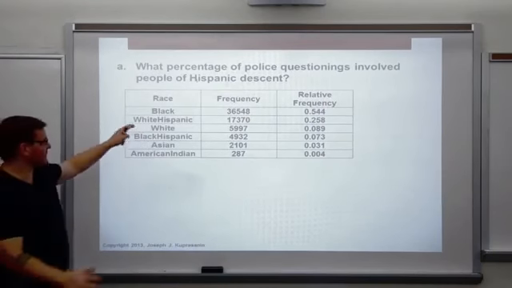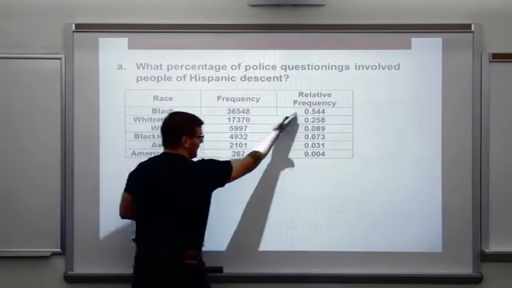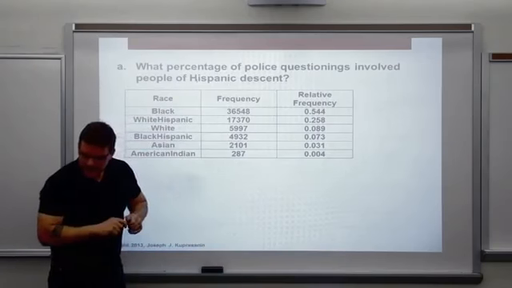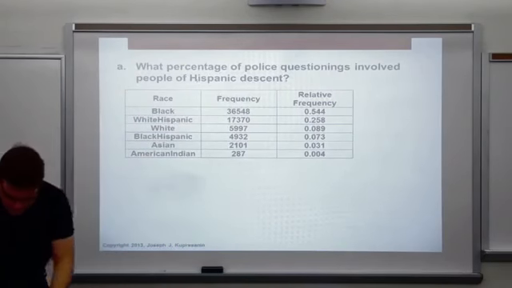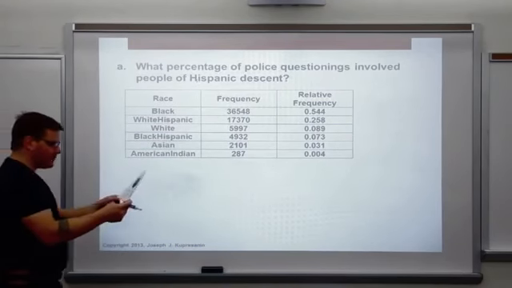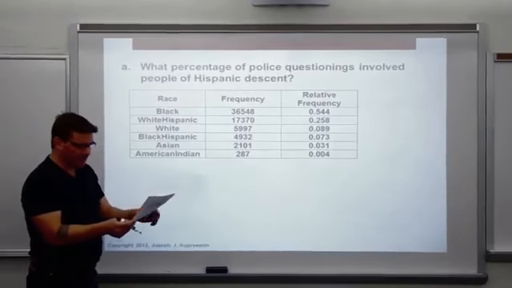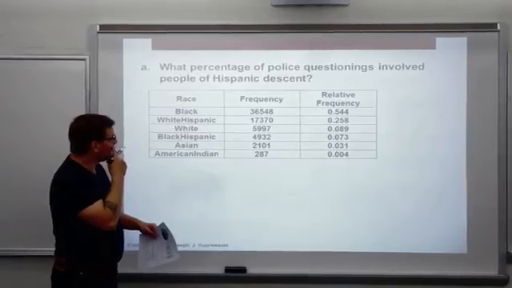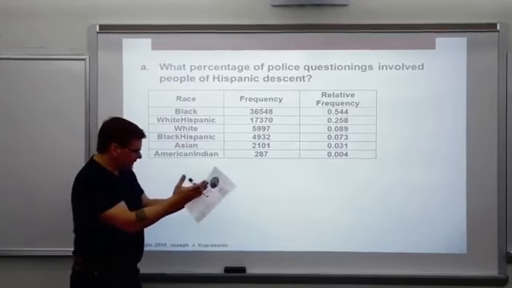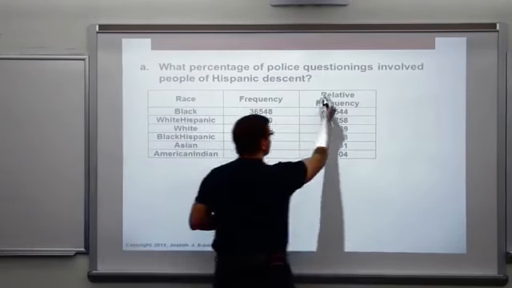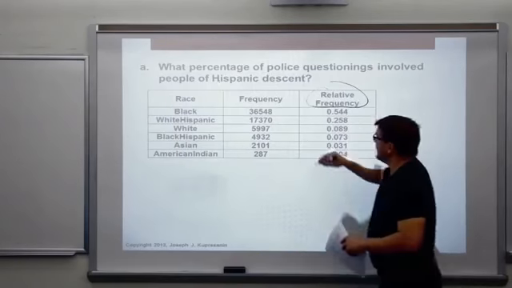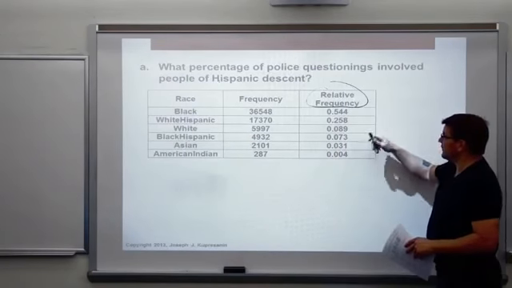All right, so here's a frequency table, relative frequency table. Question A, what is the percentage of police questionings involving people of Hispanic descent? All right, so it looks like all the questions on this page are based on relative frequencies.